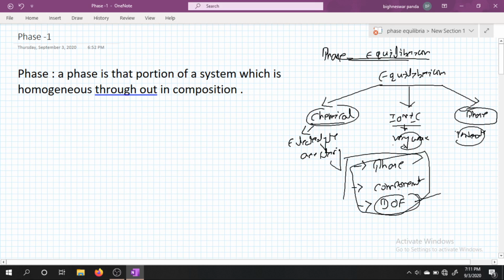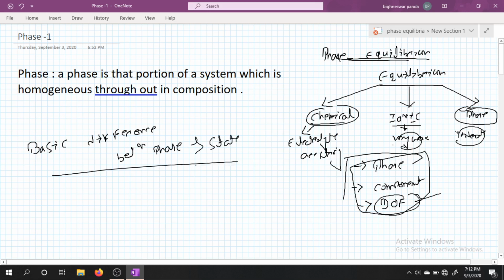Starting from phase, before knowing the basic term phase, we have to know the basic difference between phase and state. What is the basic difference between phase and state?